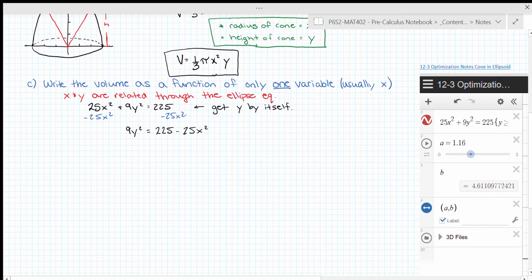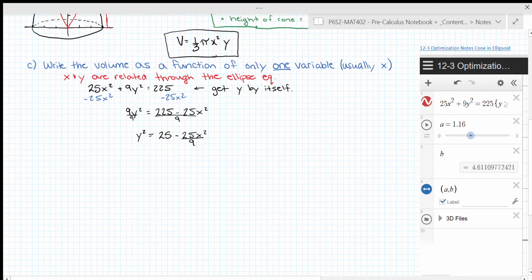I'll divide everything by 9. Next, I get y squared equals 25, since 25 divided by 9 is 25, and 25x squared over 9 really can't simplify, so I'll write it just as 25x squared divided by 9.